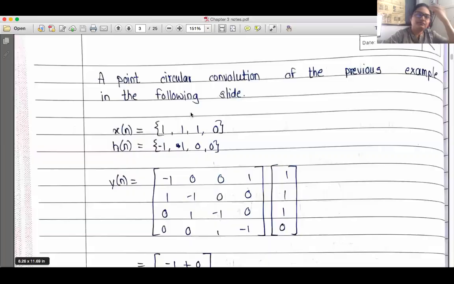Linear filtering of a sequence. Now here we have considered, let me share the screen so that it is visible for you. I will share these notes with you.